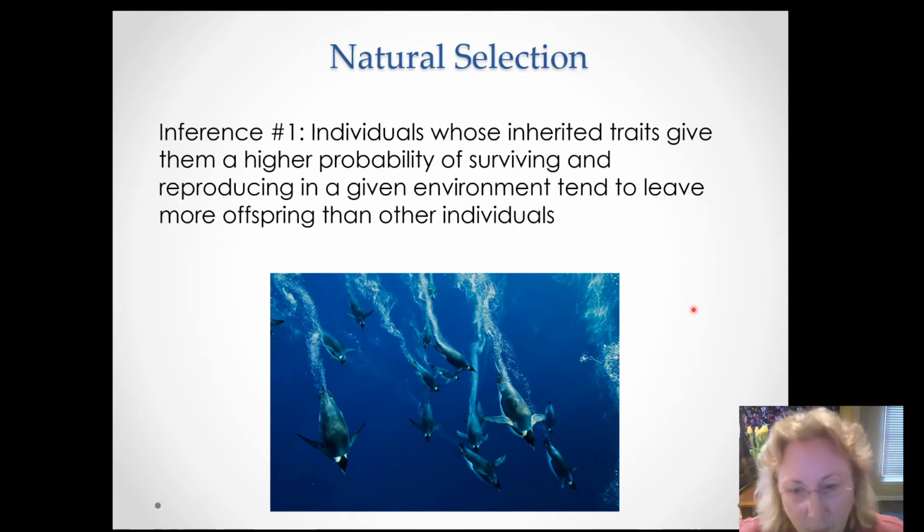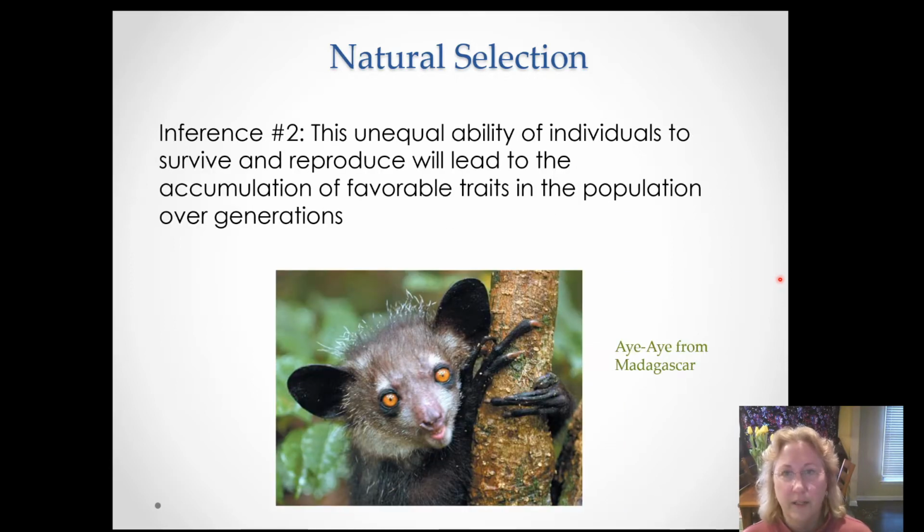So Darwin's idea was that if you have new traits appearing, and some of those traits give individuals a higher probability of surviving and reproducing in a particular environment, they will leave more offspring. And then in the next generation, you will have more individuals with that particular trait.